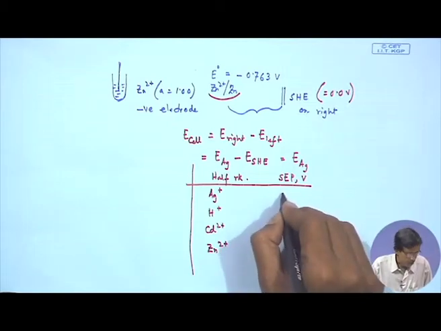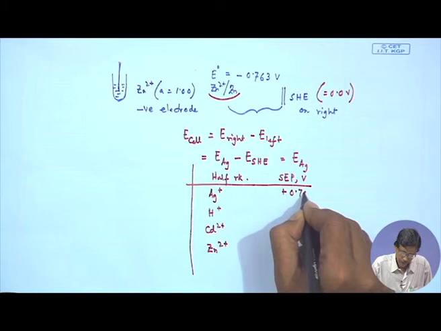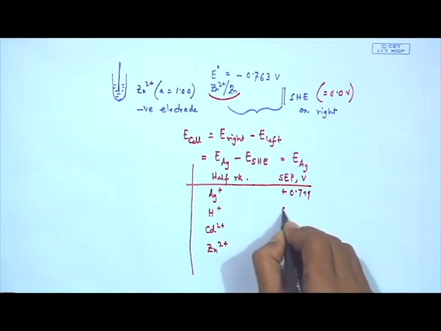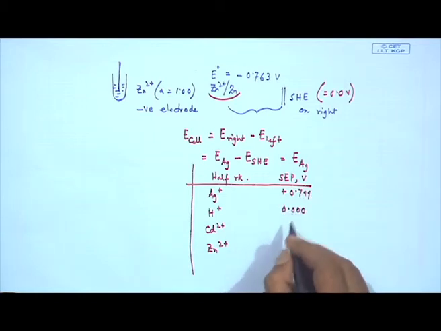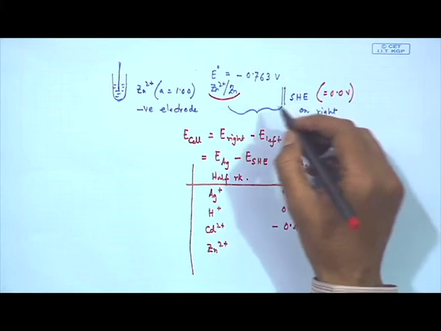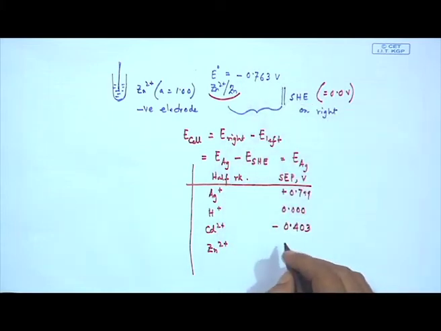We start from here: this is 0.799 volt, this is 0.000 volt, this is minus 0.403 volt, and this has been determined as minus 0.763 volt. That also gives us the qualitative picture from the reaction itself.